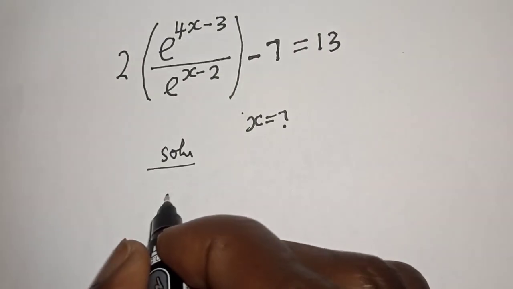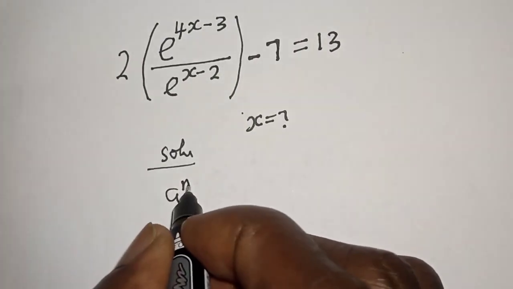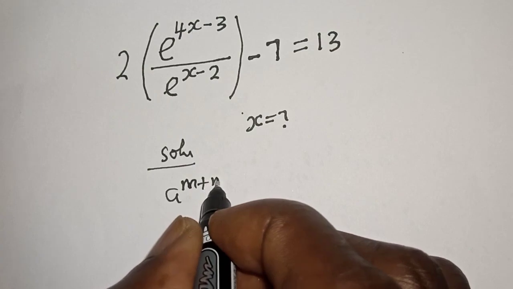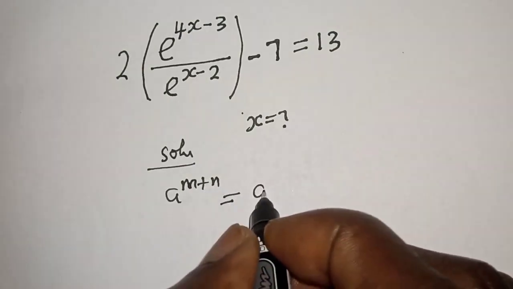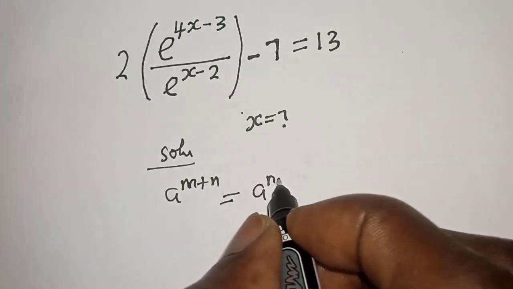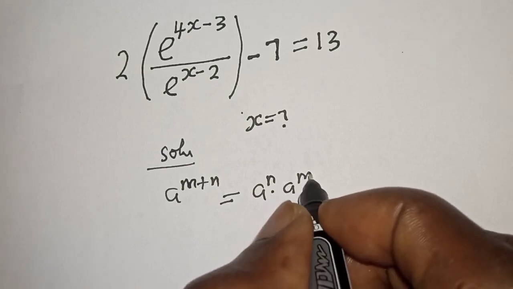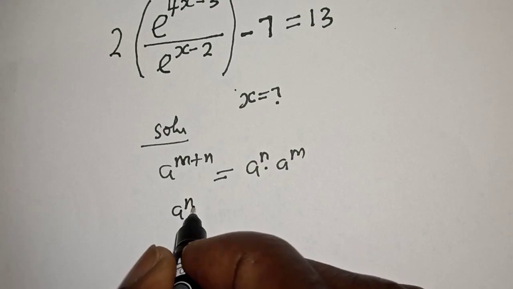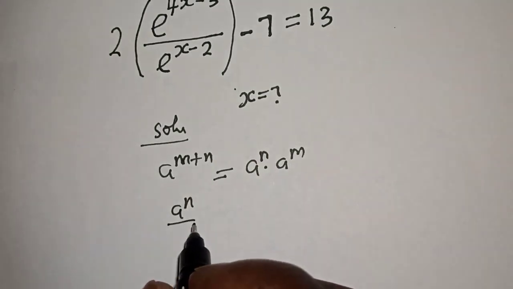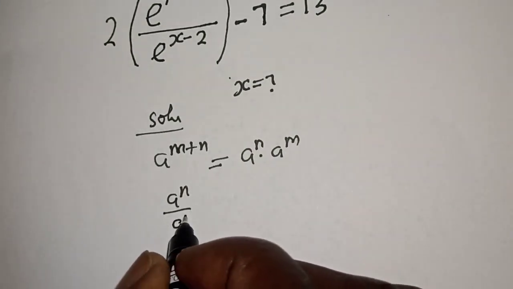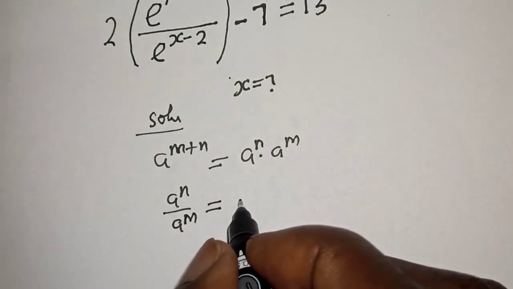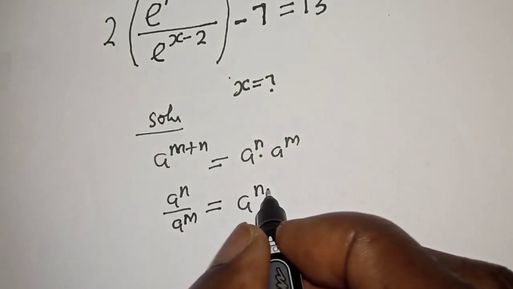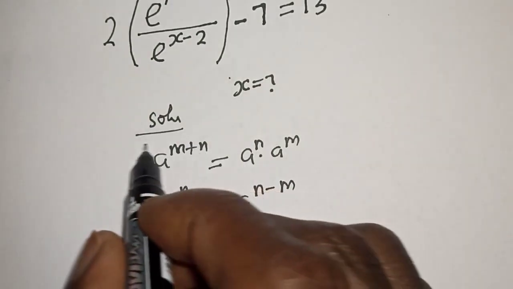Note that a raised to power m plus n is equal to a raised to power n multiplied by a raised to power m, and a raised to power n over a raised to power m is equal to a raised to power n minus m.